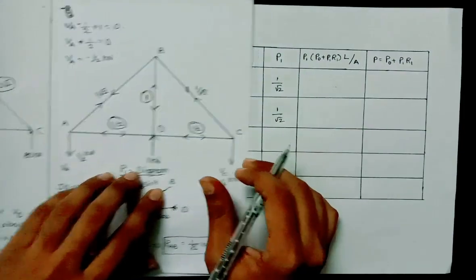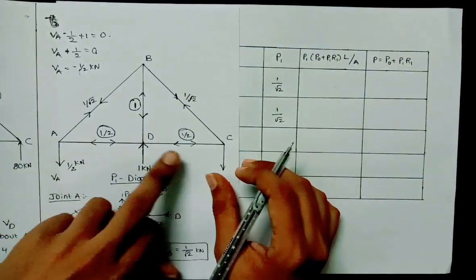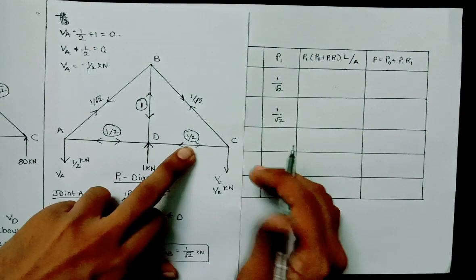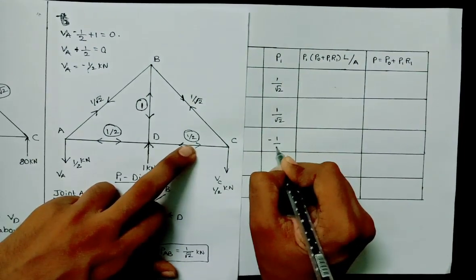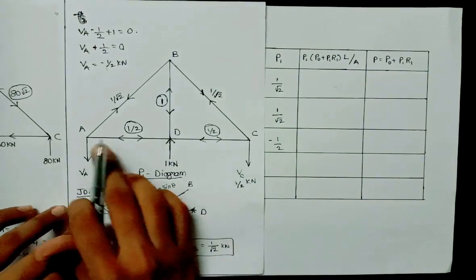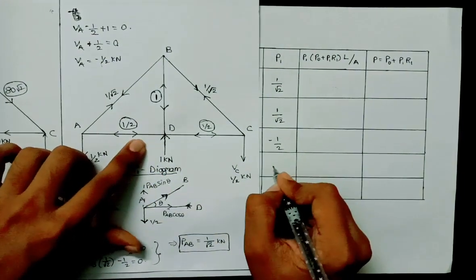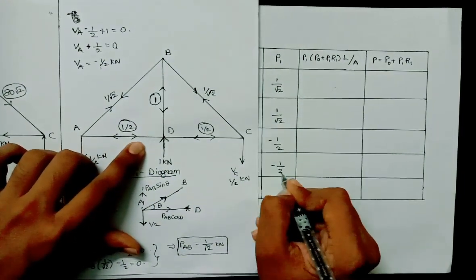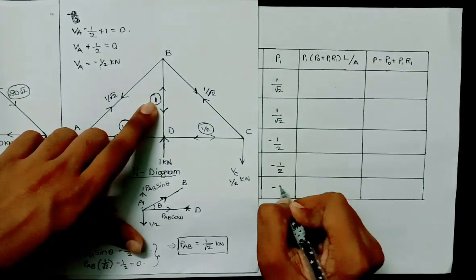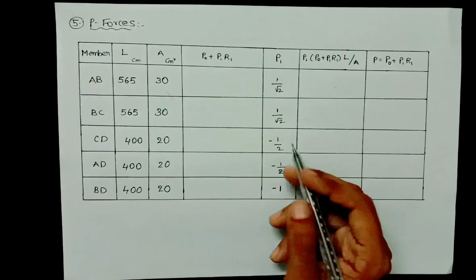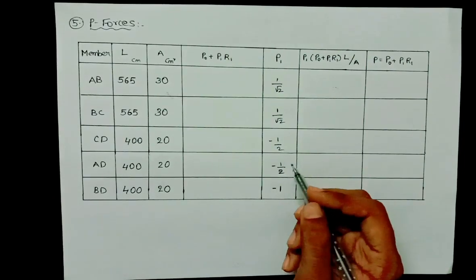For member CD, it is in compression, so minus 1 by 2. Compression means minus. For member AD, 1 by 2, it is in compression, so minus 1 by 2. And BD is also in compression, so minus 1. So we have placed all the values obtained from the P1 forces.